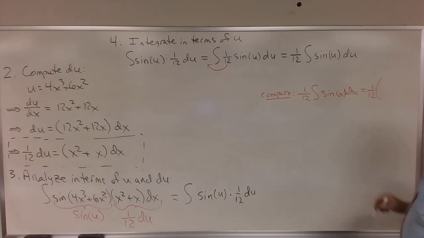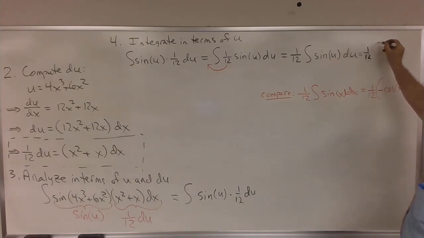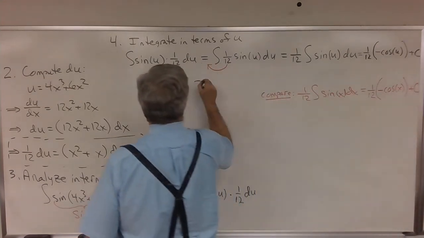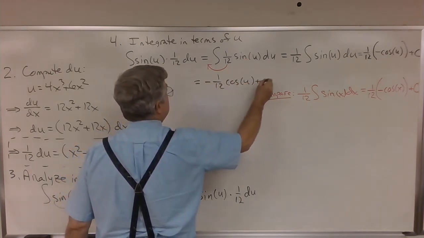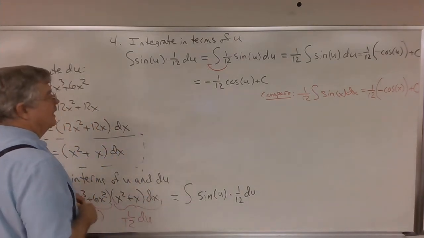And I compute the antiderivative of sine of x, which is negative cosine of x plus c. Well, that's exactly what I do up here. I write the constant down, and I have negative cosine u plus c, which is equal to negative 1/12 cosine of u plus c. I integrated the son of a gun.